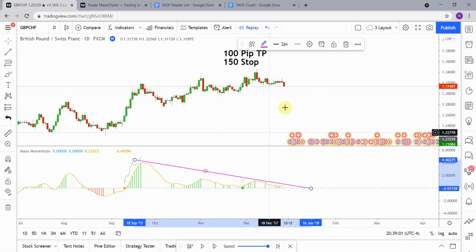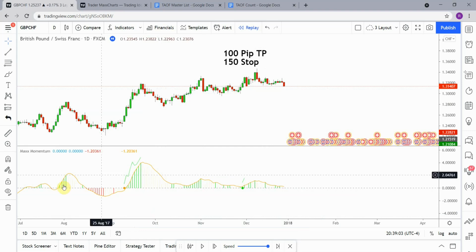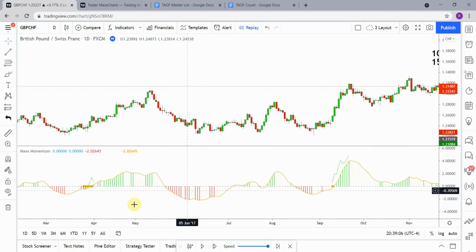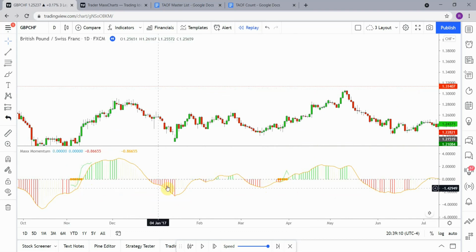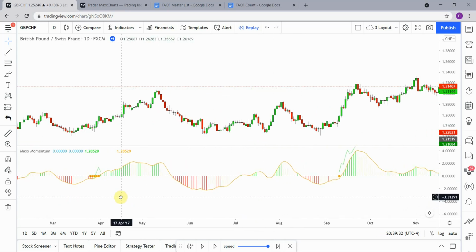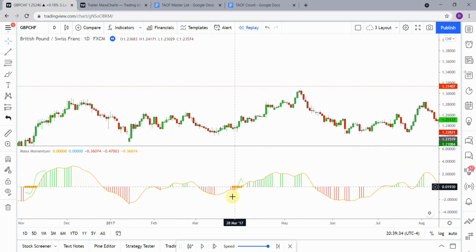But the way we're going to use this is these dots right here. No, there's only 2 there, so it's a little bit hard to see. You can see these dots here that appear on the 0 line, and what those are is a sign of squeeze, or a sign of momentum getting ready to break out in the market. Now there's 2 different colors, I think 2, maybe 3 different colors that these little dots can go through.